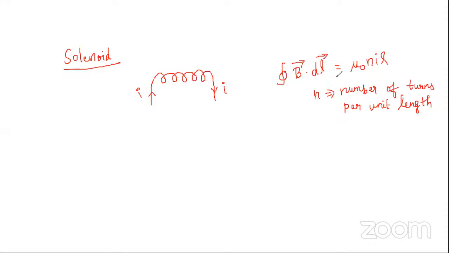Here you can see the magnetic field just depends on the current, and you can simplify this expression. The integral of B dot dl gives BL is equal to mu naught n I L, so B is equal to mu naught n I. This is the expression for the magnetic field due to a solenoid.